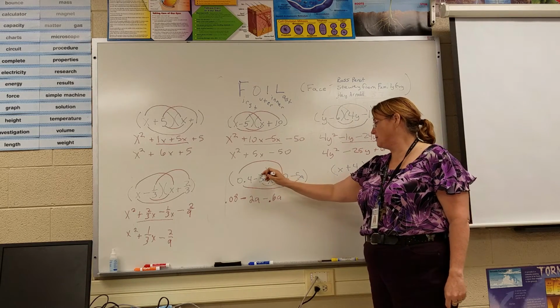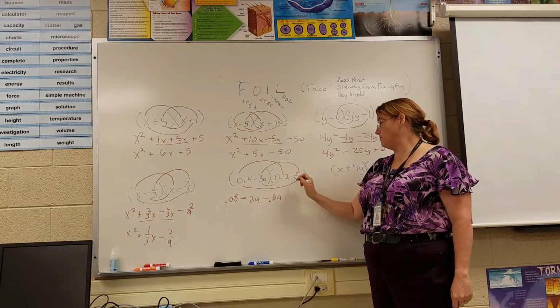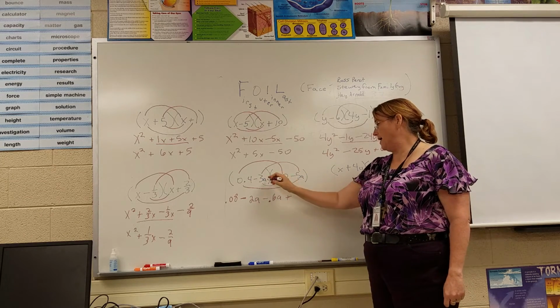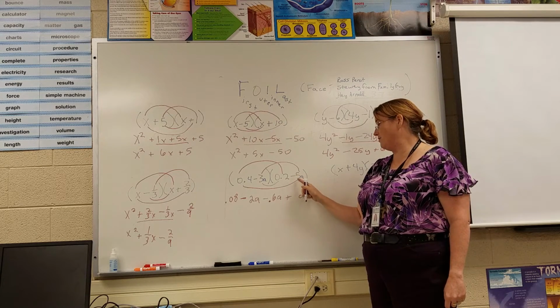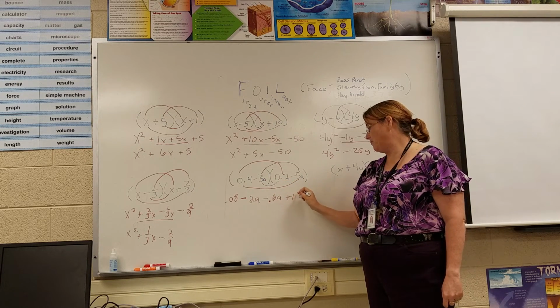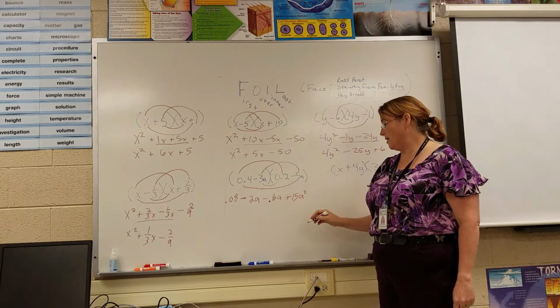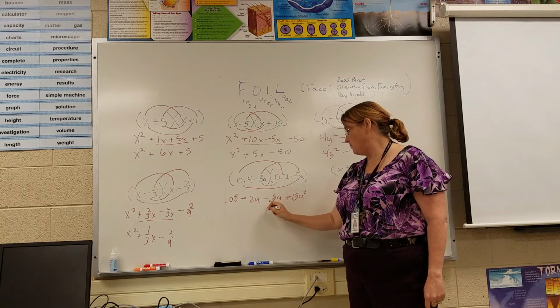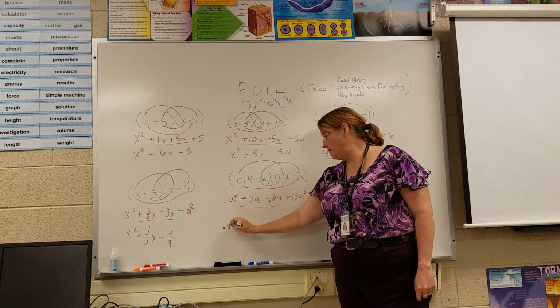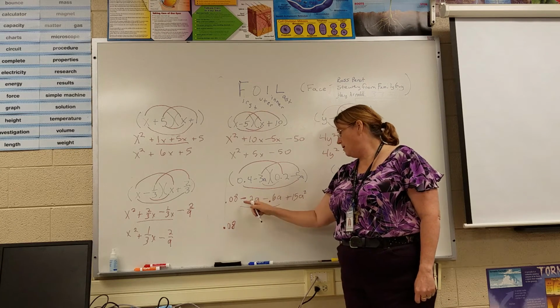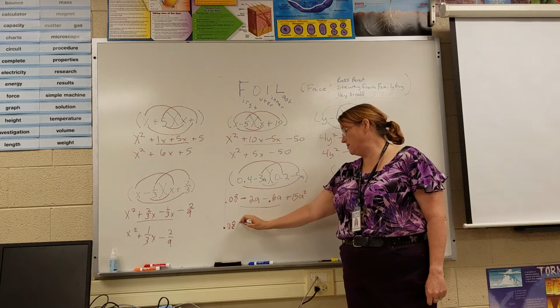And last, minus times a minus is a positive. A times a is a squared. And negative 5 times 3 is 15. So we can combine like terms. And so this one's backwards, and that's okay. A minus and a minus is a bigger minus.